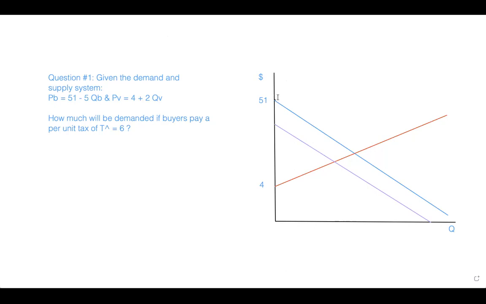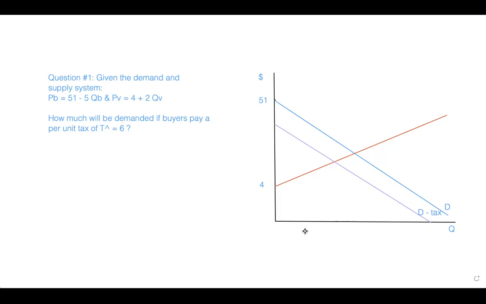I'm going to call this one the regular demand curve. This is our regular inverse demand curve. And this one is going to be our inverse demand curve minus the tax. That's going to be our effective demand curve.